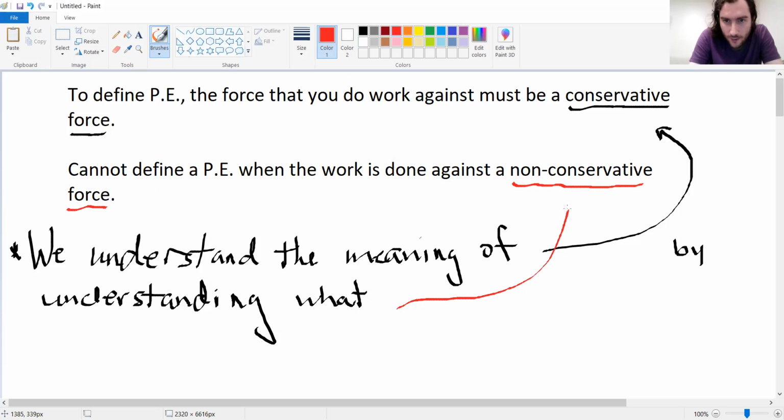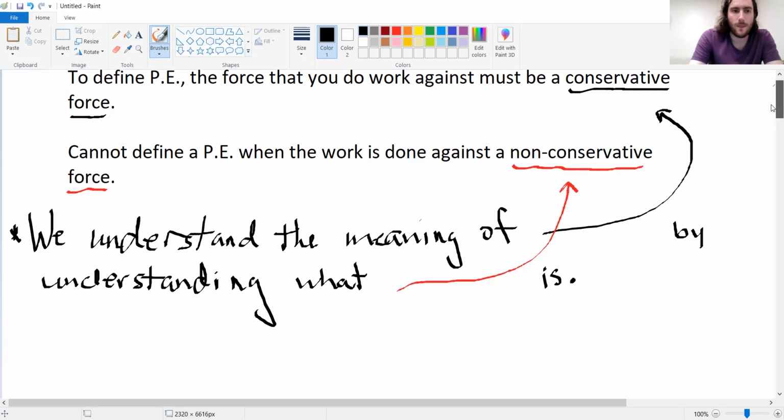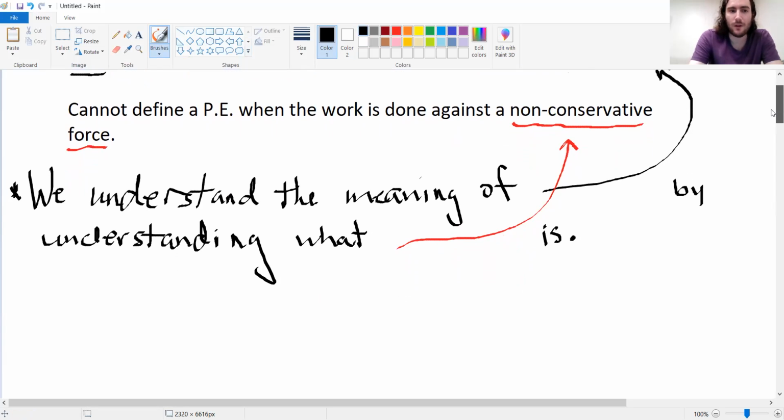Now we'll draw a red arrow here. Okay. And so a classic example of a non-conservative force is friction.